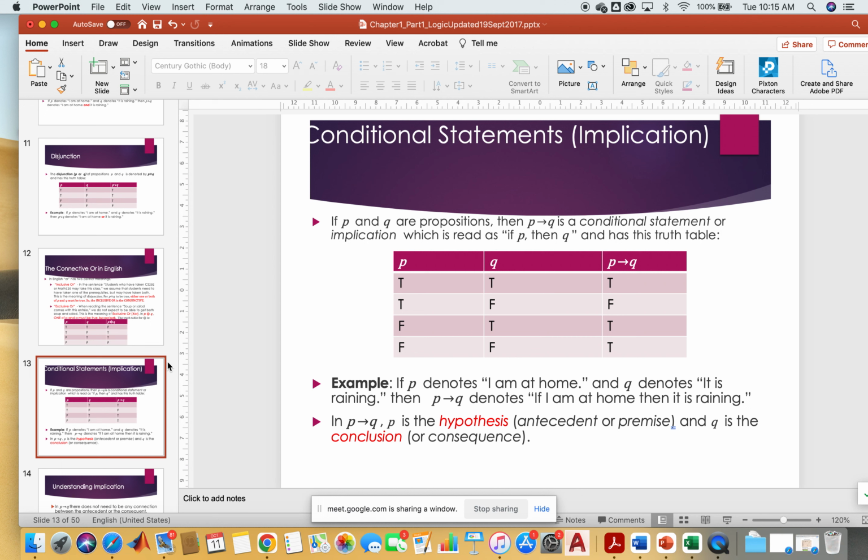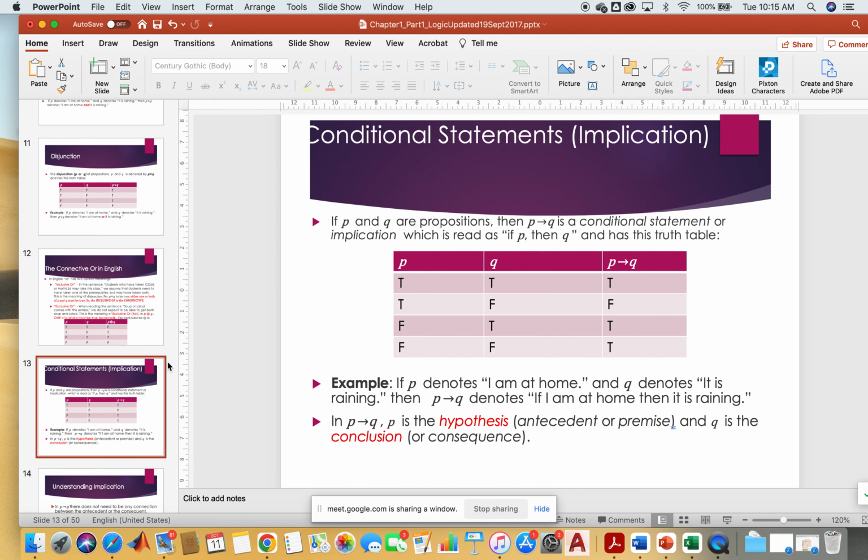If you notice, from negation until biconditional. For negation, we only have the example for the truth table just now, with one variable. And in the truth table, we only have two rows, if you noticed earlier.